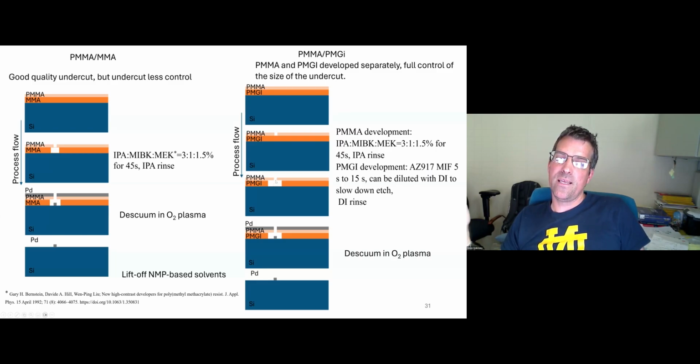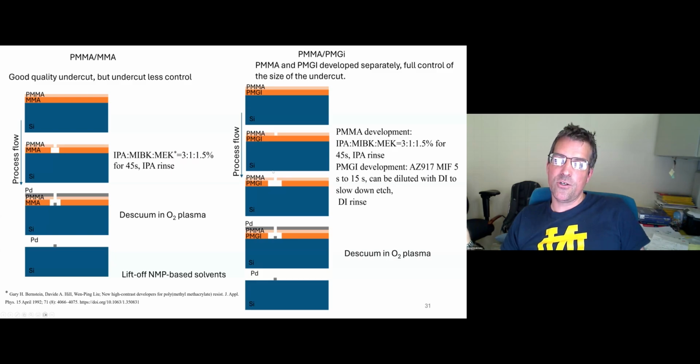The developer that we are using for this, AZ917, etches very fast, and the duration you dip your sample in the developer determines the undercut. For a shorter dip, you will have less undercut. For a long dip, you can have a much wider undercut. So if you need to control your undercut, using PMGI is a much better approach.